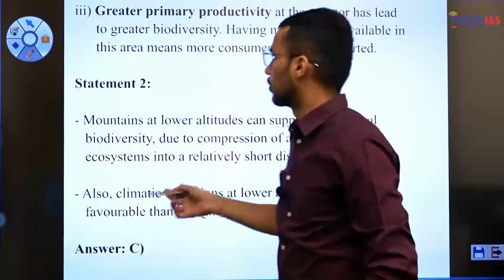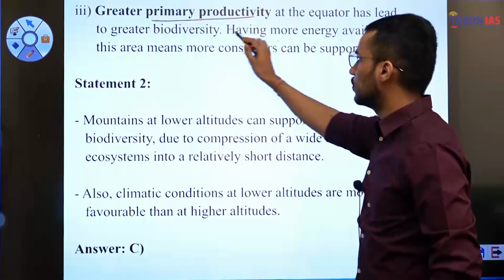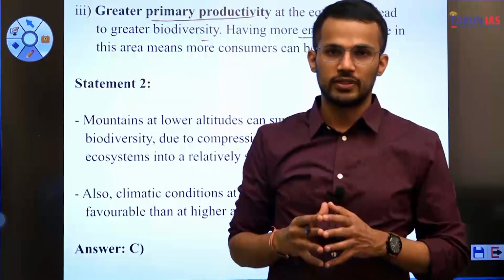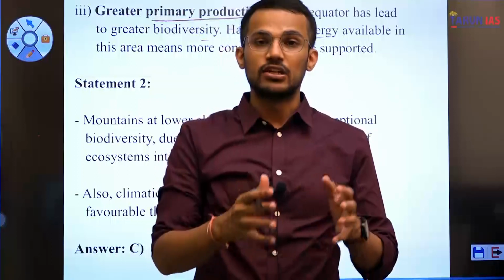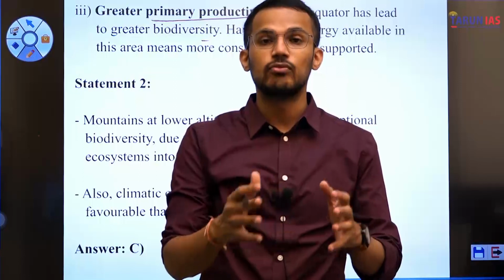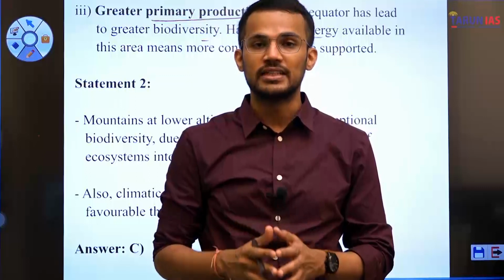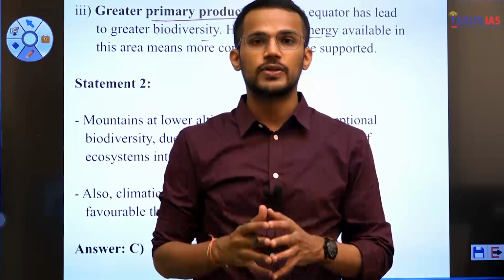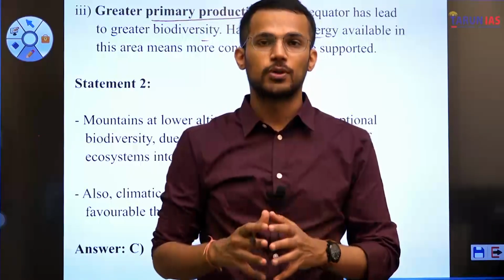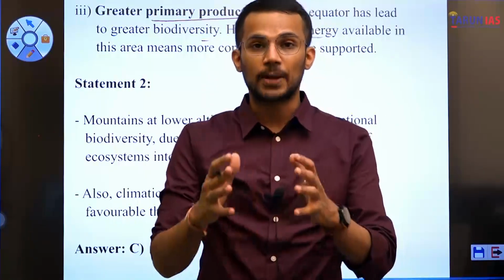So because of these reasons, the biodiversity in the tropical region is more. Moreover, greater primary productivity at the equator has led to greater biodiversity. What is primary productivity? Primary productivity is the rate at which biomass is accumulated at the level of producers. As conditions are favorable in the equatorial and tropical regions for the growth of producers, we have more producers, and hence excellent primary productivity.